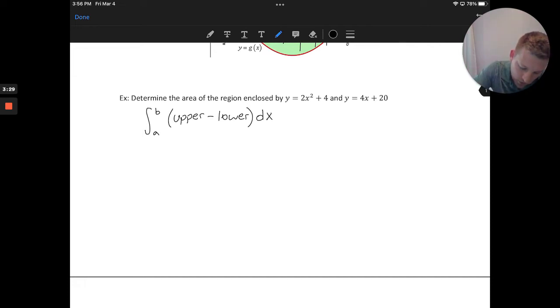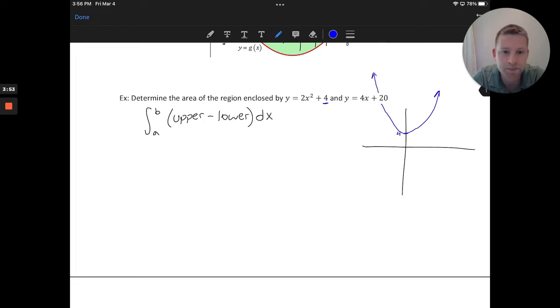So if we were to just consider even the shape of these two functions and where they would sit on the plane, the first function is that parabola that looks like an intercept of 4. So let's just say that's at 4. We're going to have a kind of a parabola function coming up like that.